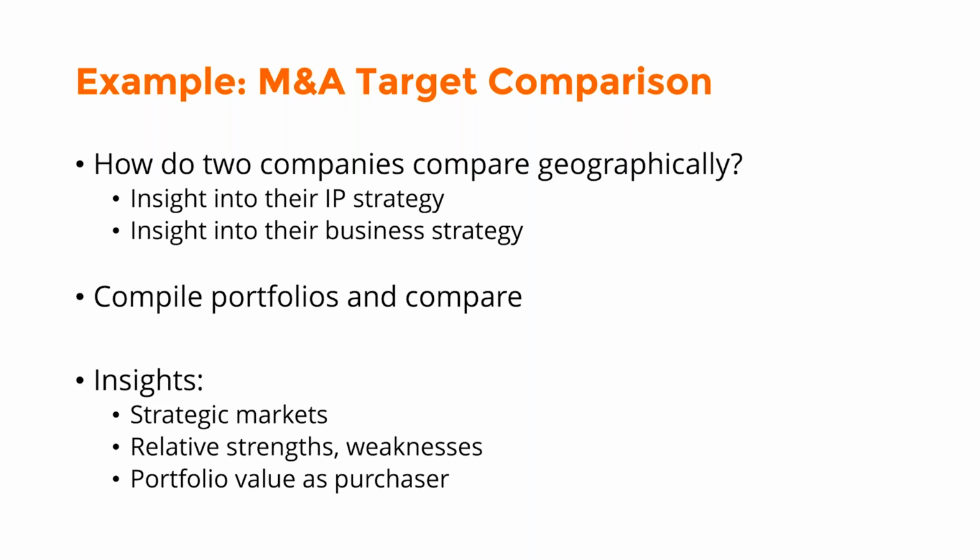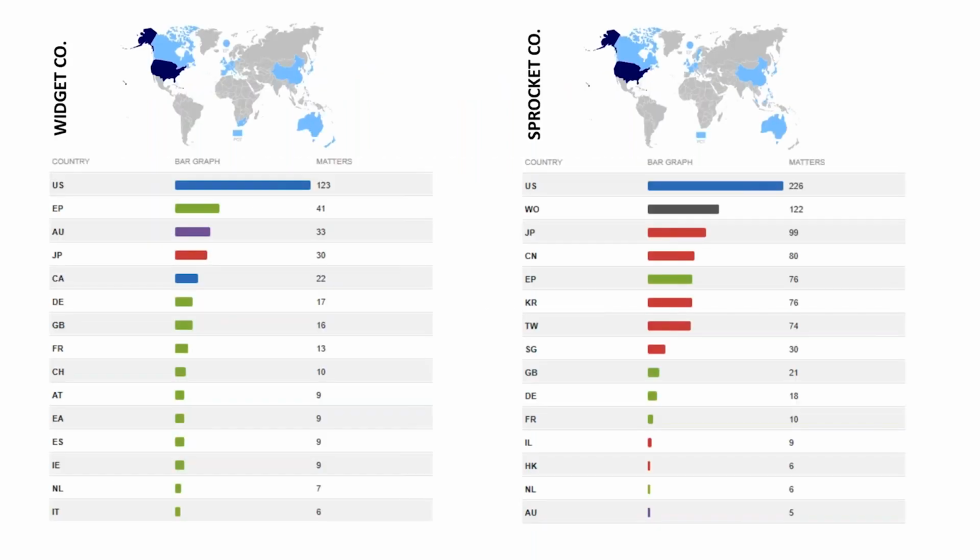So I'm going to start by compiling the portfolios, company A, company B, maybe throw them into the same portfolio, tagged as company A and company B, so I can look at these things next to each other. And then I'm going to put the data side by side.